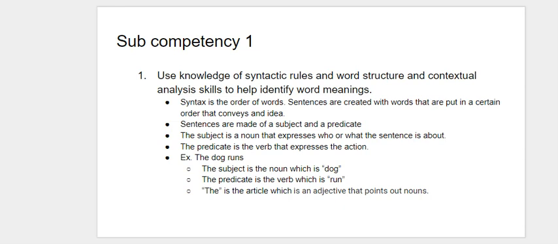So the predicate usually is going to start with the verb. So for example, the dog runs. The dog is the subject of the sentence and runs is the predicate. The dog is a noun and runs is a verb.